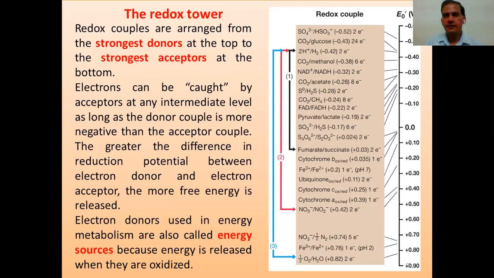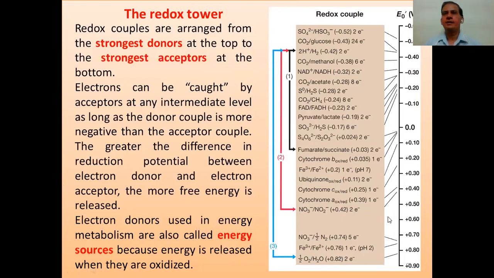So the greater the difference in the reduction potential between the electron donor and the electron acceptor, the more free energy is released. So let's say, for example, if we have this sulfate molecule reacting with, let's say, this water molecule, there's a huge difference. In fact, there's the highest difference as far as this particular tower is concerned.